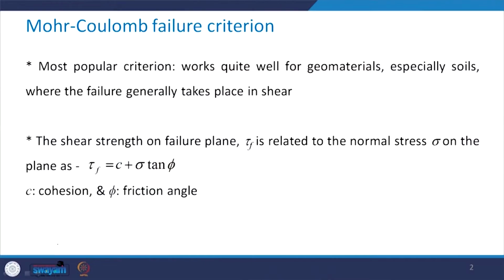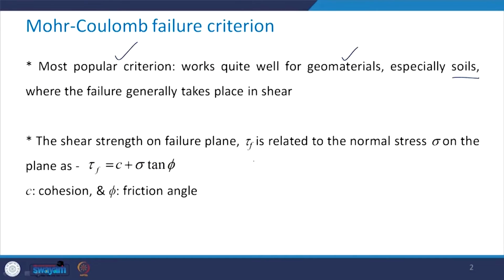We all know that the Mohr-Coulomb failure criterion is one of the most popular criteria, and it works very well for geomaterials, especially for soils, where the failure generally takes place in shear.